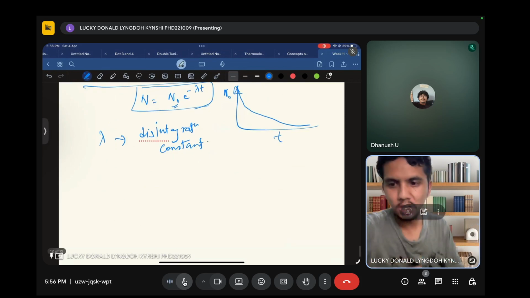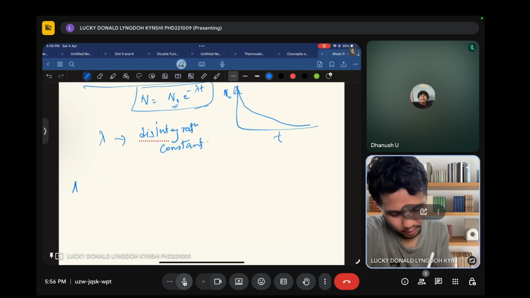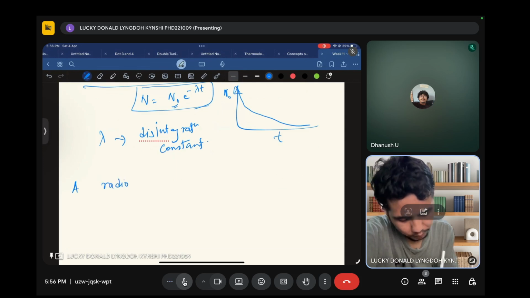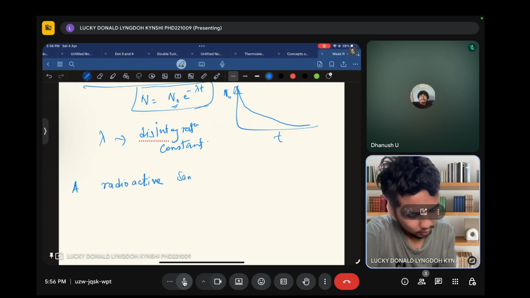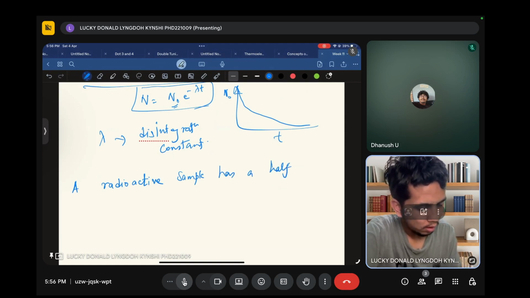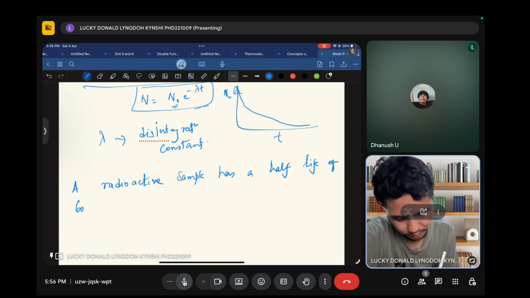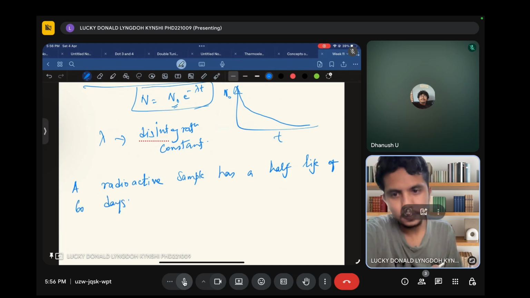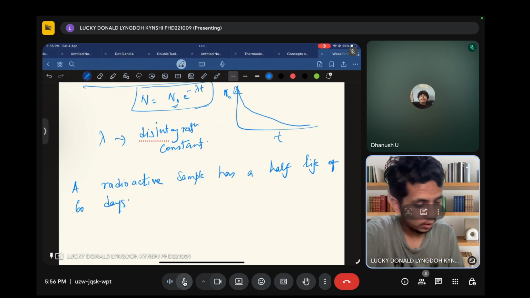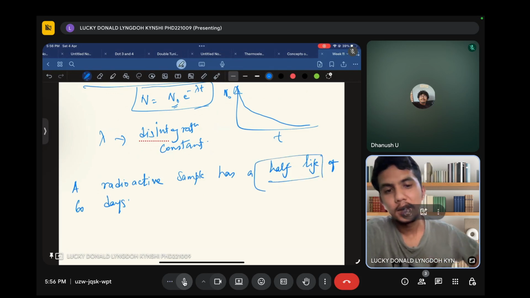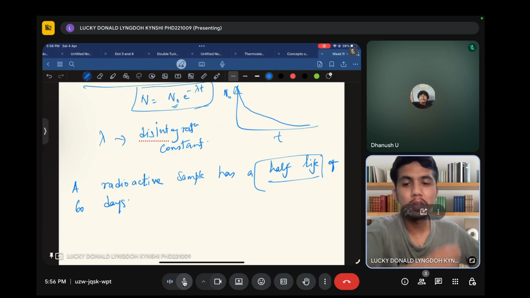Question number 5 says that a radioactive sample has a half-life of 60 days. Half-life, I think you know, is the time in which half of the radioactive sample decays.